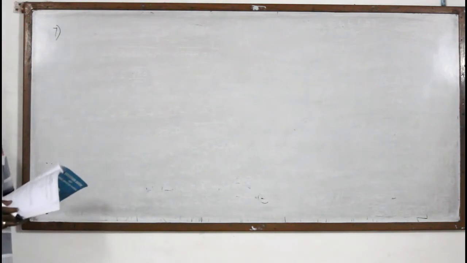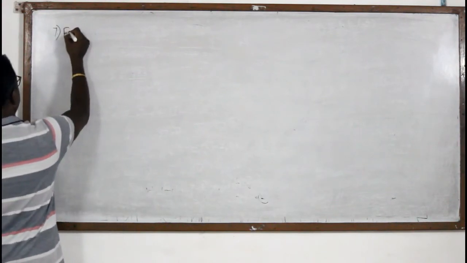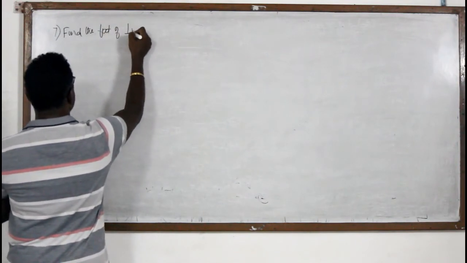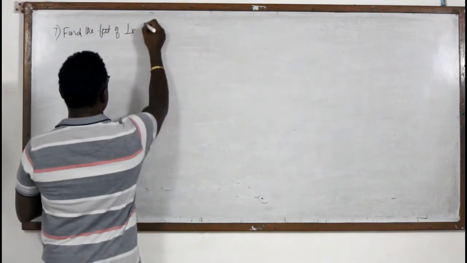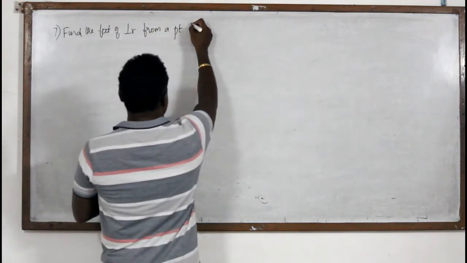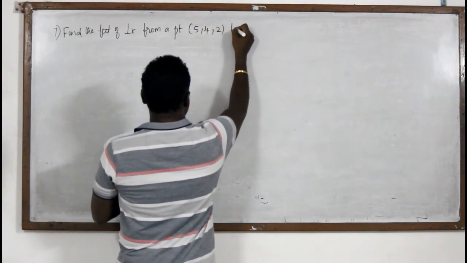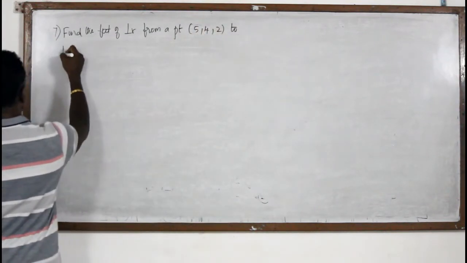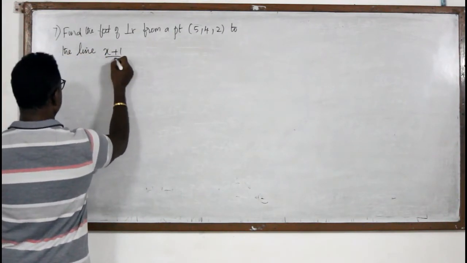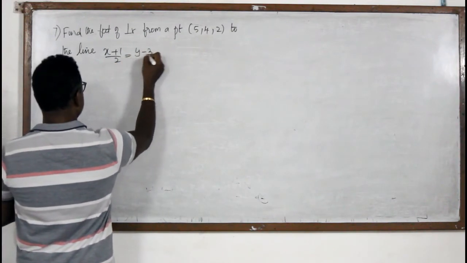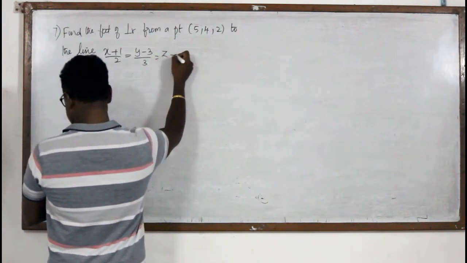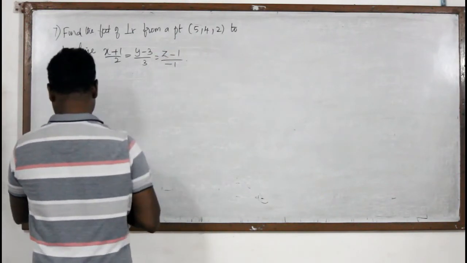Now, next, seventh problem. Find the foot of perpendicular from a point (5, 4, 2) to the line (x+1)/2 = (y-3)/3 = (z-1)/(-1).